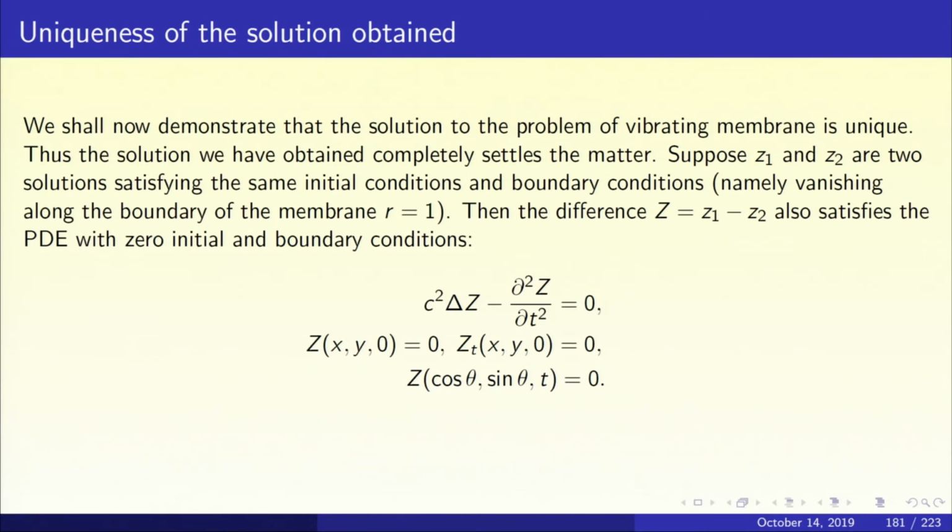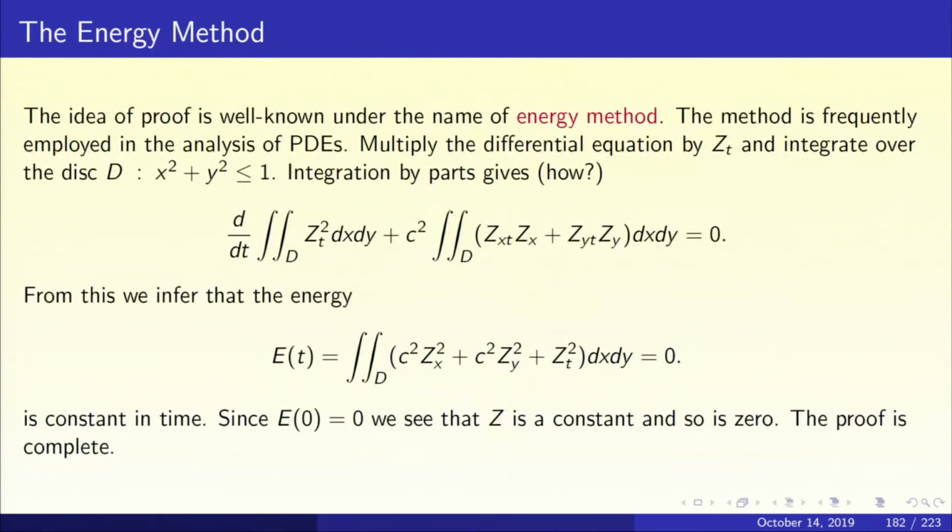Remember, we multiplied by u_t and integrated with respect to the spatial variables x and y over the disk. So, we get d/dt of double integral z_t squared dx dy over the disk D plus integrate by parts z_t z_xx, throw one of the x derivative on the z_t term.